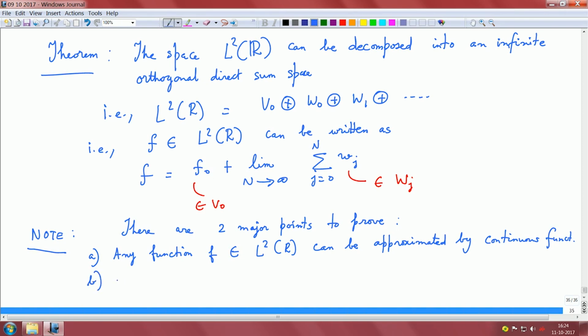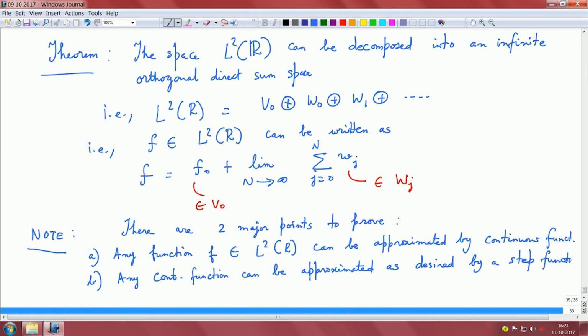Then any continuous function can be approximated as desired by a step function whose discontinuities are multiples of 2 power minus I for large I.